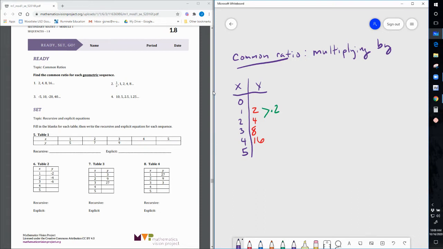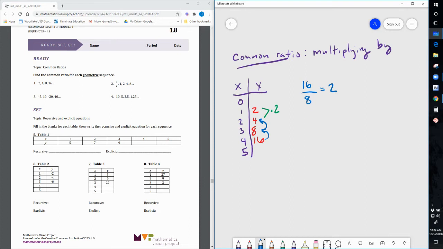But if we didn't know we were multiplying by 2, how could we test it? I'm sure you've seen this before, but I'm going to show you one more time because it's pretty good. You're just going to divide backwards, and it's going to tell you automatically what the answer is. So 16 divided by 8. If you put that in your calculator, or you just know it, the answer is 2.